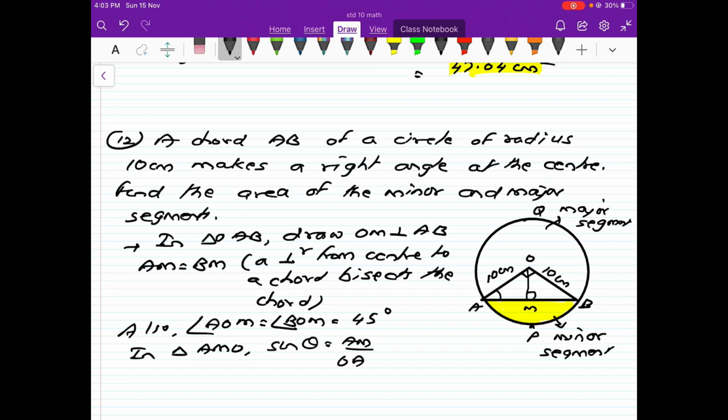Theta is 45, so I will write sine 45 is equal to AM upon 10. Sine 45 is 1 upon root 2. Therefore AM we are getting as 10 upon root 2.